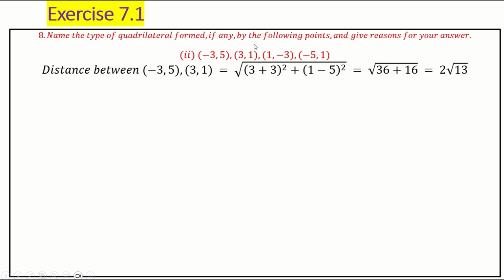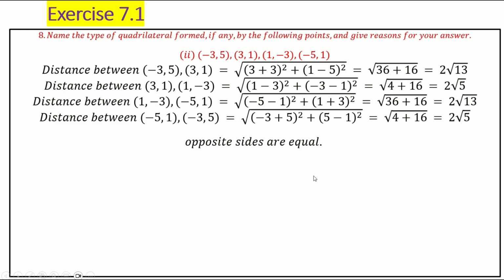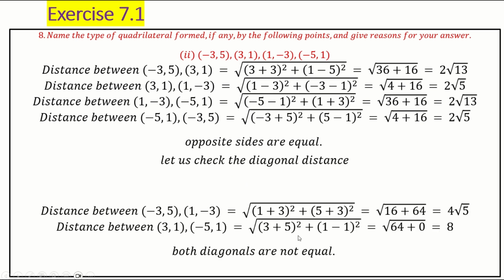Another 4 points are given. Just finding the distance between these two, I see opposite sides are the same. If opposite sides are the same, it is either a parallelogram or a rectangle. Correct. Now let's find the diagonals. The diagonals are different, which means it's a parallelogram. So we have just one equation and we are finding so many varieties of problems to solve with this.